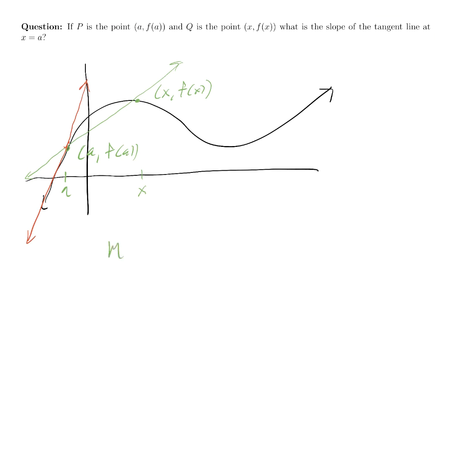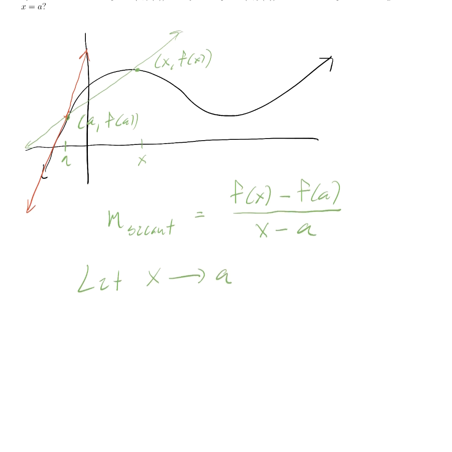So the slope of the secant line is the change in y, which is f of x minus f of a, divided by the change in x, which is x minus a. Okay. And again, like we let x approach 1 above, we want to let x approach a, in this case, if we're generalizing.